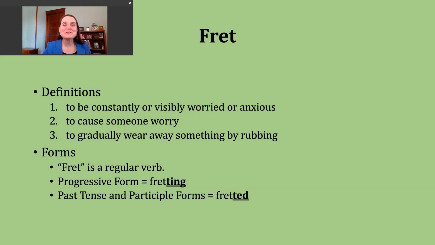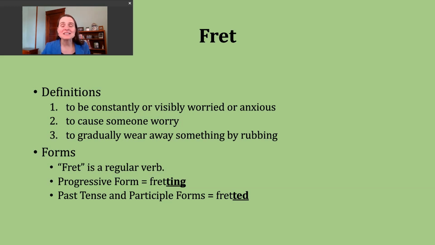But for now, you should know that fret is a regular verb. And when I go to make both the progressive and past tense forms of this verb, I am going to have a spelling change. The reason for that is fret is a one syllable word. It ends with a consonant vowel consonant pattern.